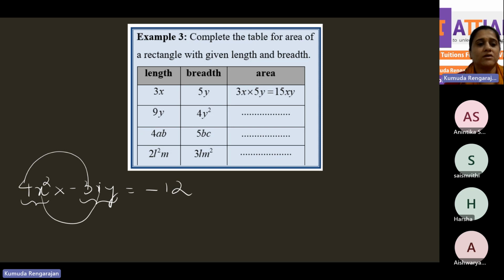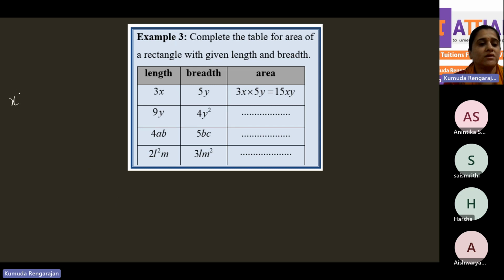X square into x. Exponents. When bases are same and it's multiplication, we add the powers. So write x and add the powers. 2 plus 1. So x to the power 3. Don't show these steps. You can directly write x to the power 3. Add the powers. Don't multiply the powers. Then y. So the product is -12 x cubed y.